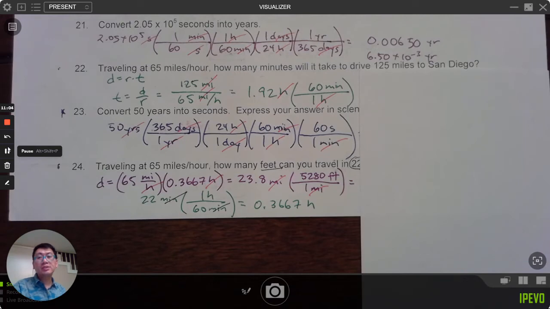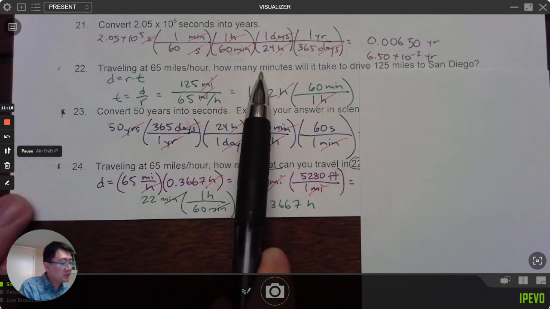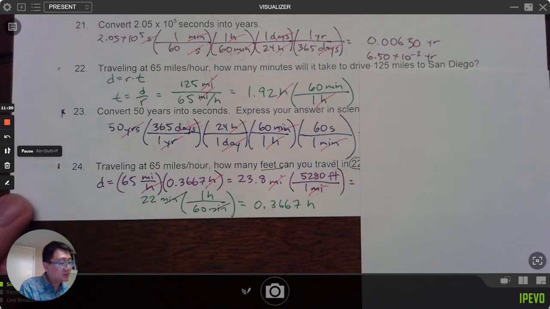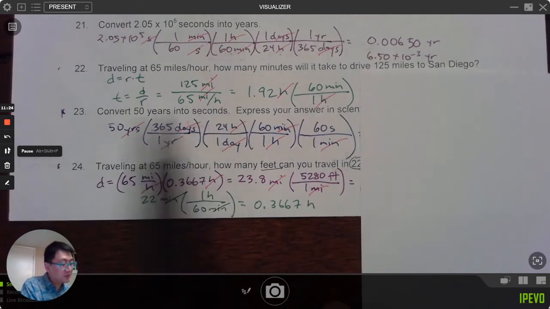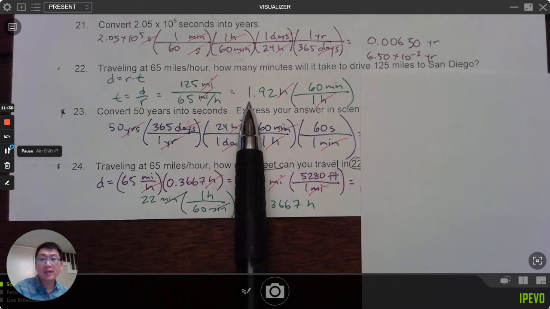Next one, number 22. Traveling 65 miles per hour. How many minutes will it take to drive 125 miles to San Diego? Okay, this one you need to know the equation distance equals rate times time. I'm trying to solve for minutes or time. Time is therefore equal to distance divided by rate. I know the distance is 125 miles. I know the rate, 65 miles per hour. So miles and miles cancel. 125 divided by 65 is 1.92.